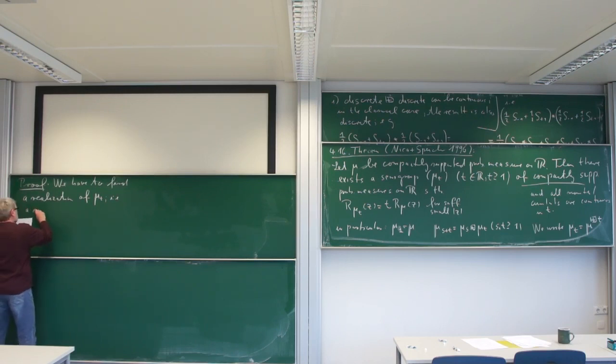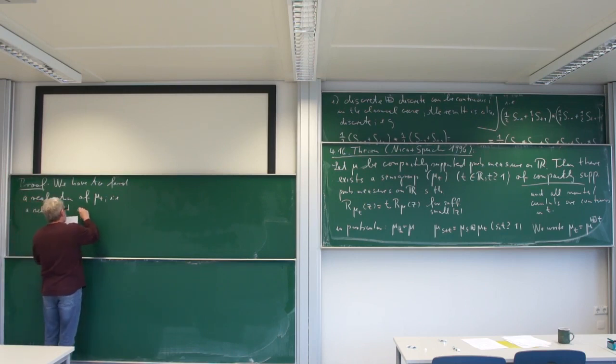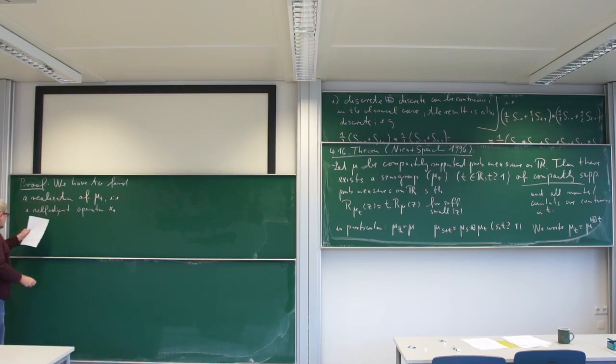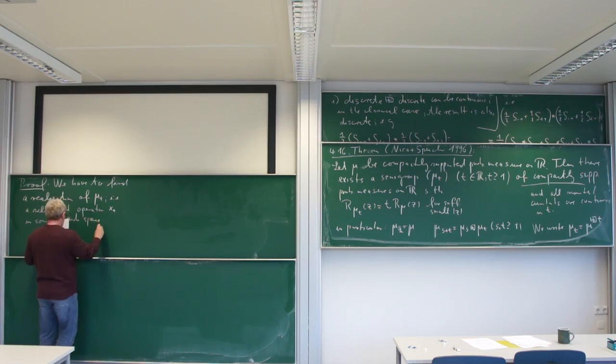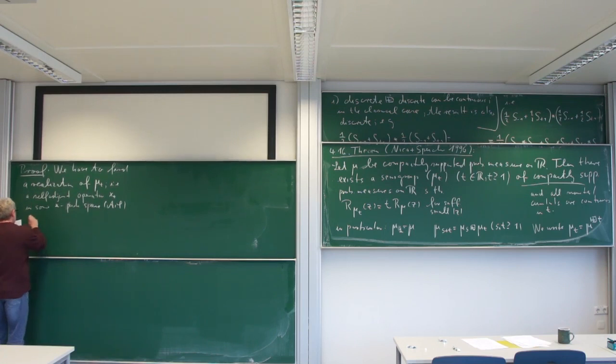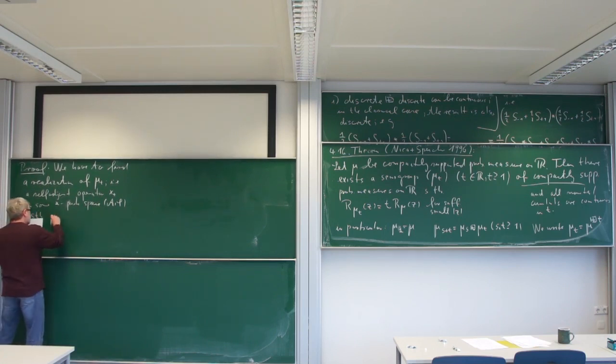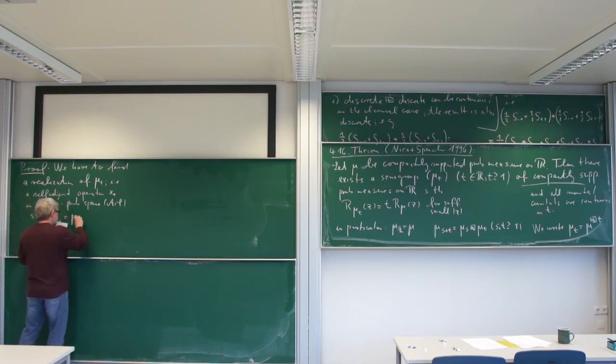So a self-adjoint operator, let's say x_t, in some star probability space, such that the distribution of this x_t is actually this mu_t.